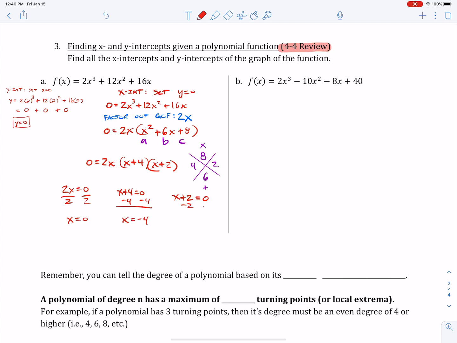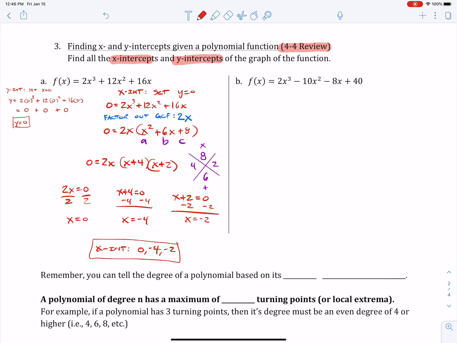Subtract 2 from both sides, and x equals negative 2. Thus, my x-intercepts are 0, negative 4, negative 2. And there you go. So it's taking a little bit of what we learned in prior chapters and combining it all together here to find not just our y-intercept, but our x-intercepts as well. Go ahead and do B on your own, and we'll cover it in class.